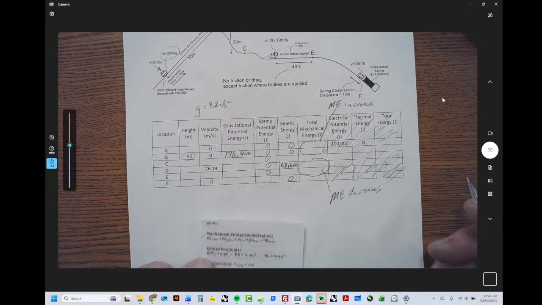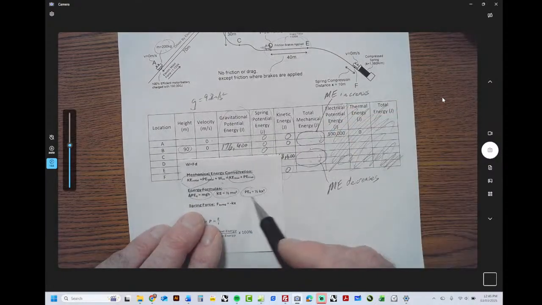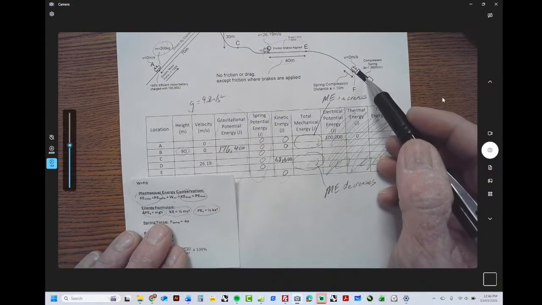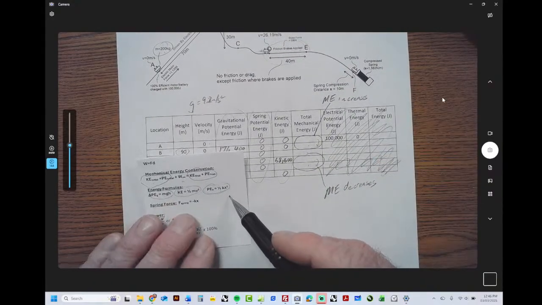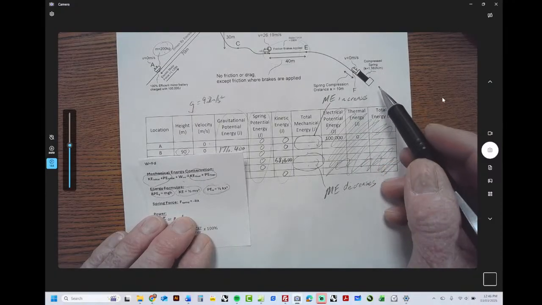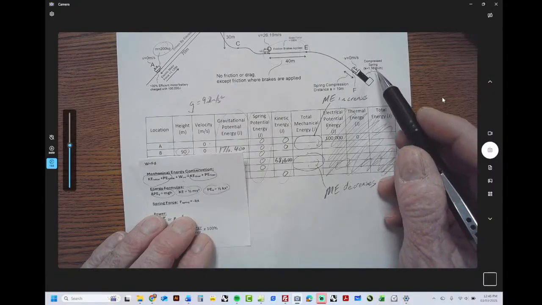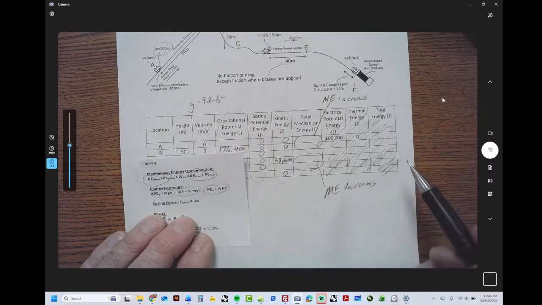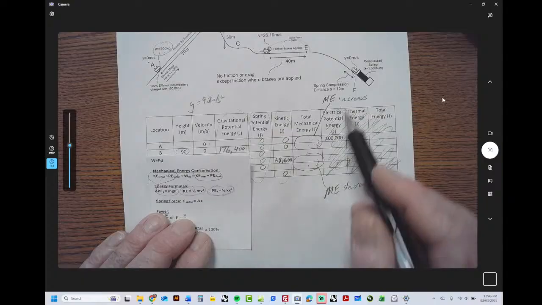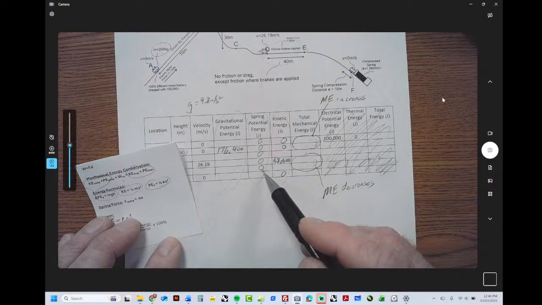All right. And while I'm at it, let's see if I can do a spring potential. This is the formula for spring potential energy, and I said there is potential energy there. It's 1/2 kx squared. k is just the spring constant, and we're given that, 1560 newtons per meter. That means for every meter this is compressed, you have to apply 1,560 newtons of force. x is the compression distance, and we're given that, so we can calculate this number right here.